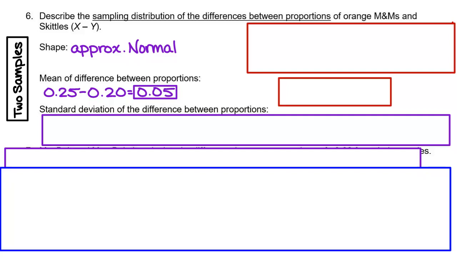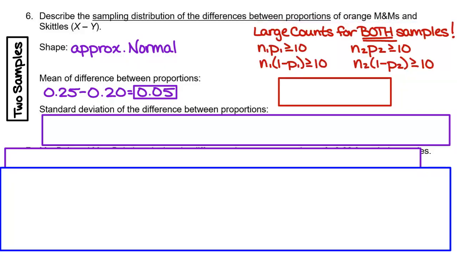When I'm trying to determine the shape for a difference, subtraction, of two random variables, I have to check large counts for both samples. You have to check large counts for population 1. You have to check large counts for population 2.